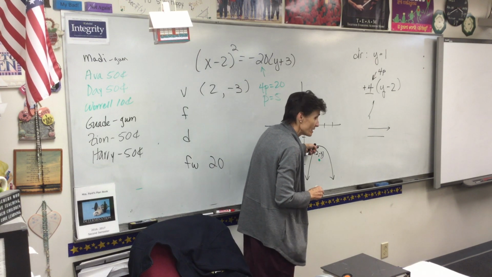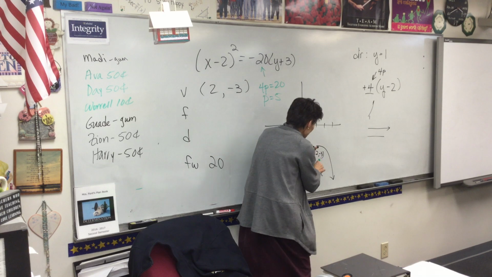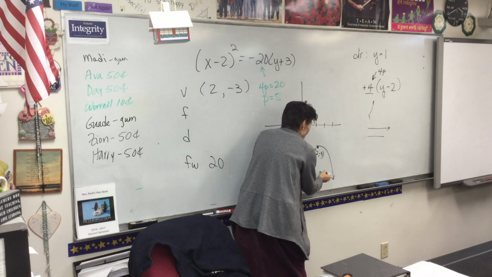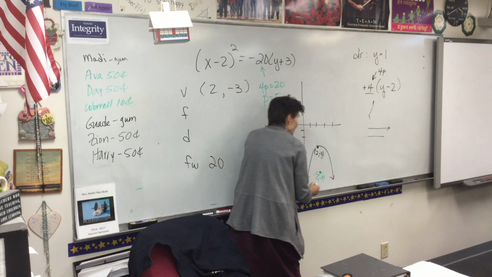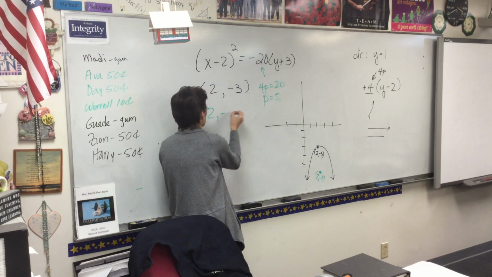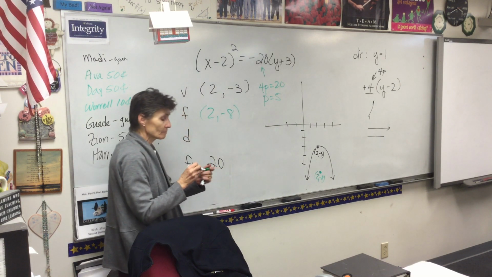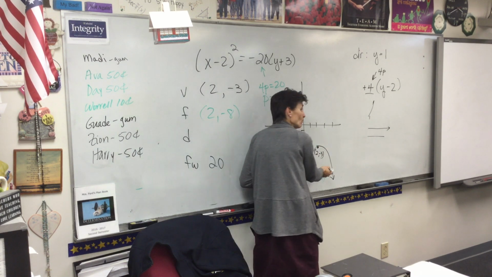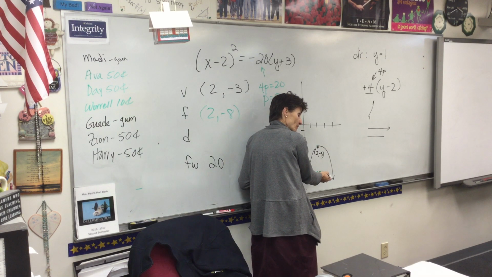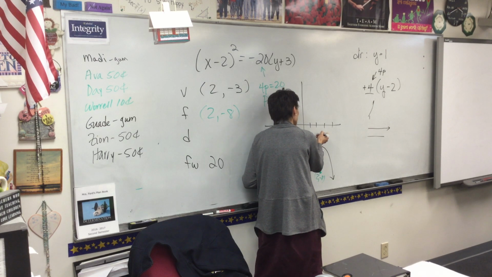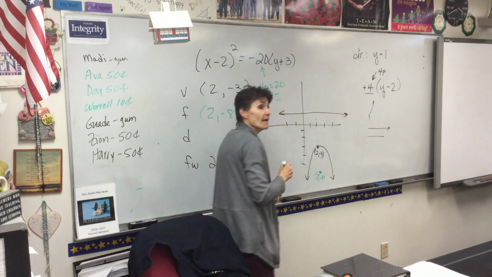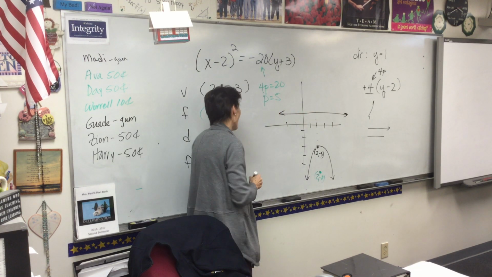If I start here and come down 5, which is a lot, where will that point be? (2, negative 8). Very good. That is your focus. Now, if I came down 5 for the focus, I'm going to go up 5 for the directrix, and it's going to be y equals 2.